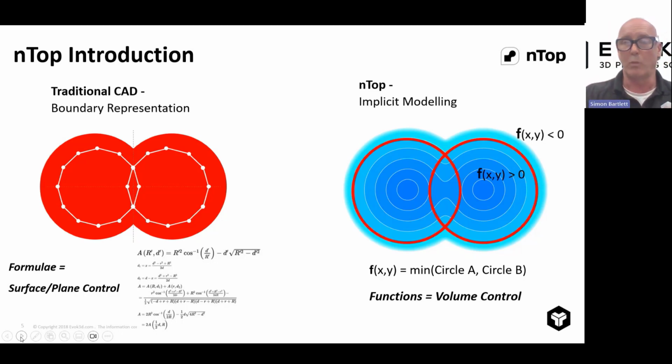But starting with what is Entopology, and I guess how does it differ to existing CAD or traditional CAD? So CAD software effectively originated back in the mid-70s. And it hasn't really changed too much, but what CAD does is it effectively uses mathematical formulae to describe a surface.